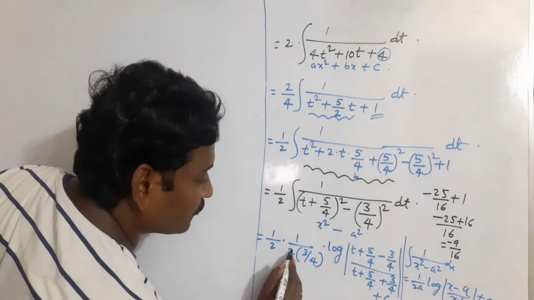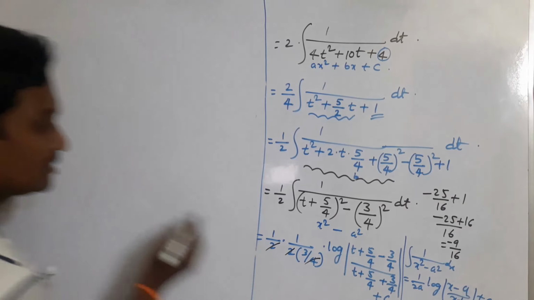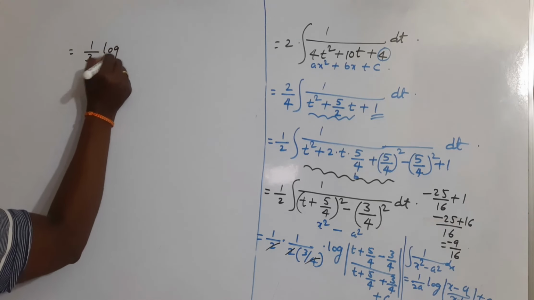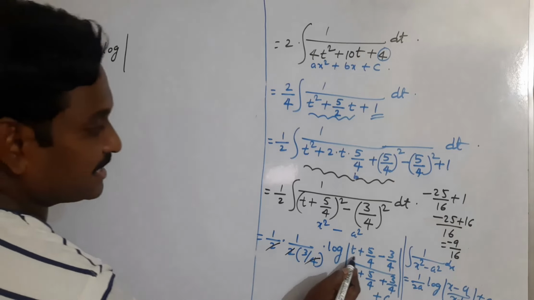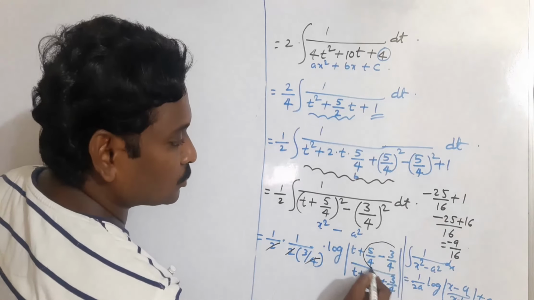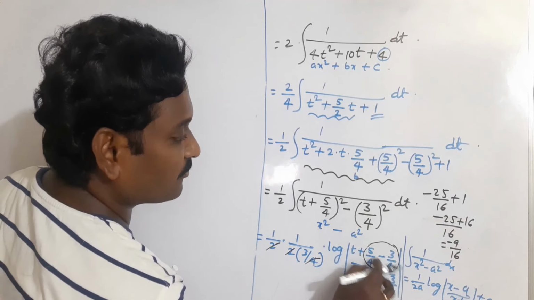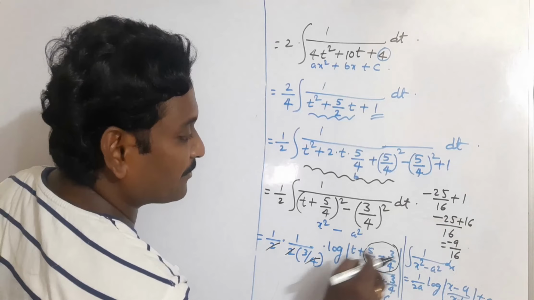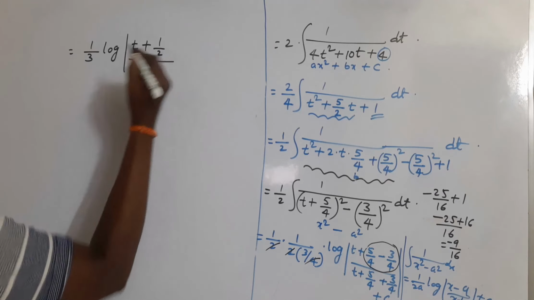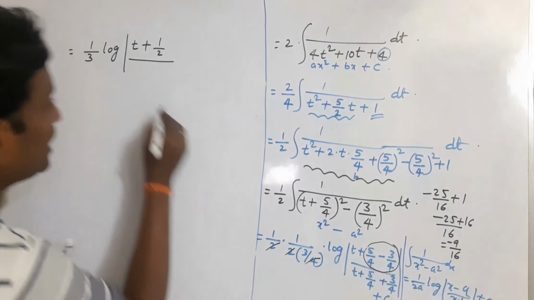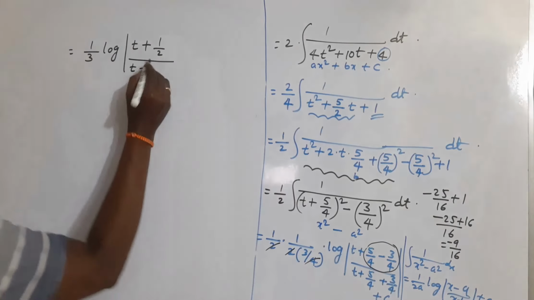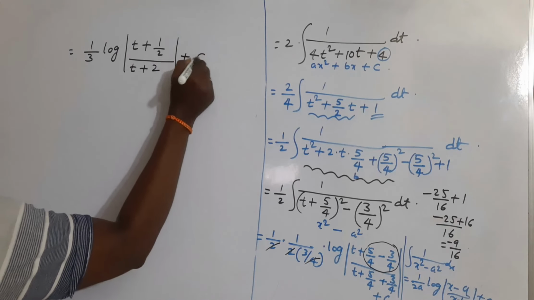Here 2 2s are 4, this 4 getting cancelled. So remaining term is 1 by 3 into log mod t plus, take the LCM for these 2 terms, 5 by 4 minus 3 by 4. You will subtract the numerators, 5 minus 3, which is 2. 2 by 4 means 1 by 2 over here t plus 5 plus 3, 8. 8 by 4 means 2 plus c.